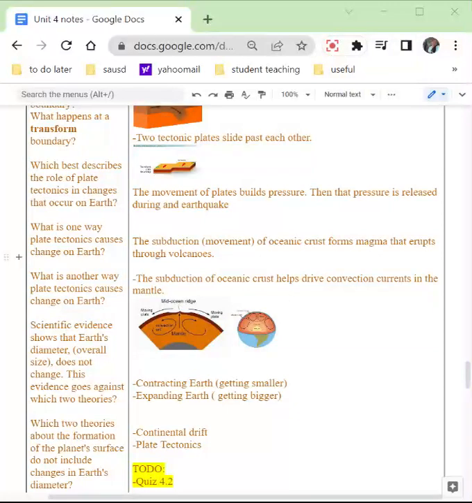Okay, so I sent all the Blooket links to those that are done. So that should be 4 of you.